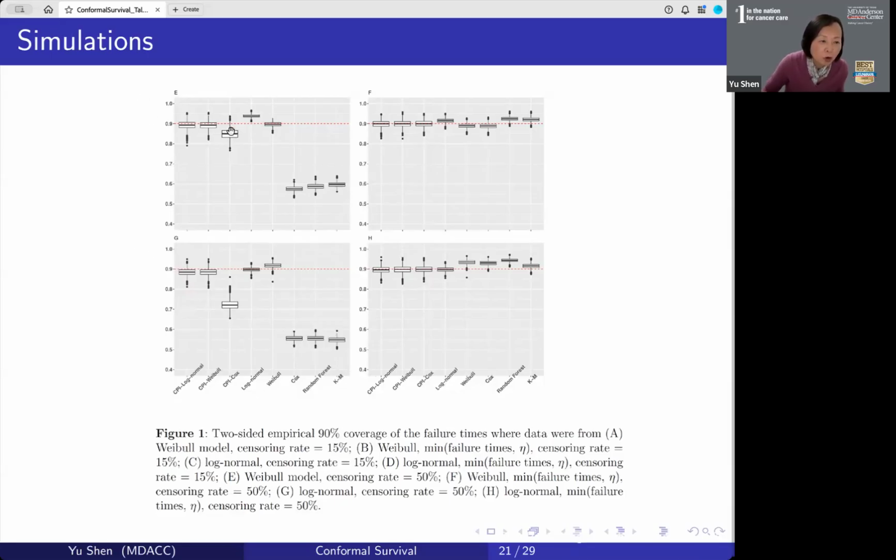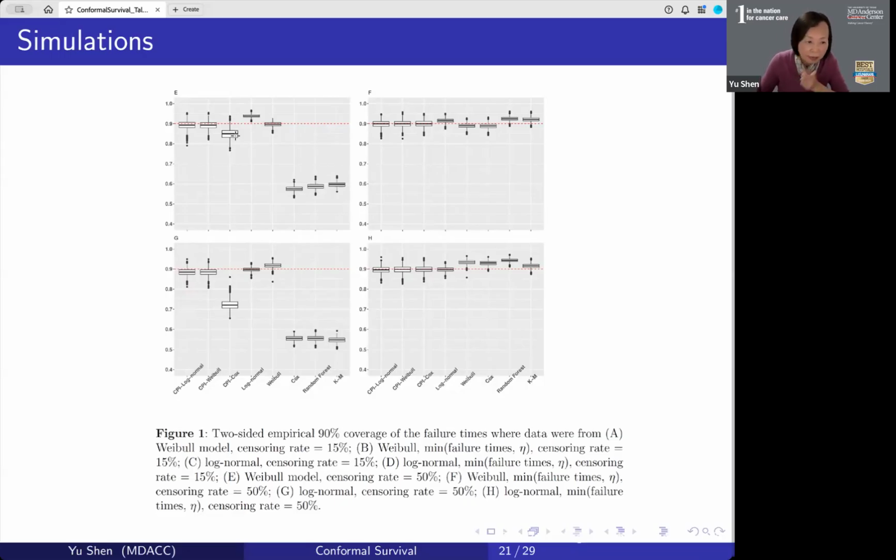But the conformal predictive models all did very well with low and moderate censoring. But I present the worst scenario, where we have heavy censoring, 50% censoring. In that case, if we use the Cox model as the working model, it also leads to undercoverage.